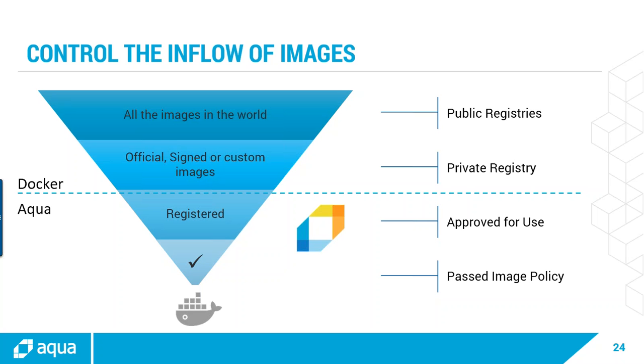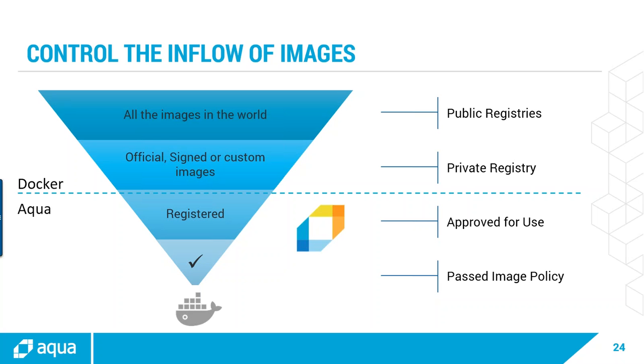But then each image, before it's deployed, needs to be vetted to make sure it doesn't contain vulnerabilities, or that if it does, they're not ones that would damage your environment. There is a tolerance and policy on that, and it must not contain any malicious code.